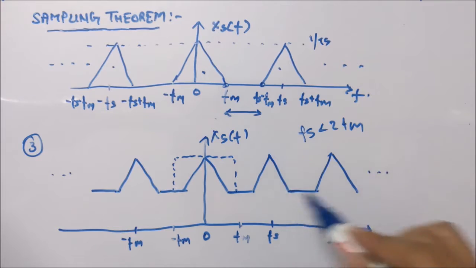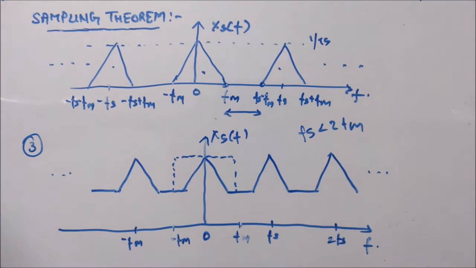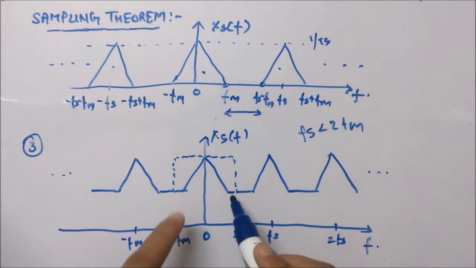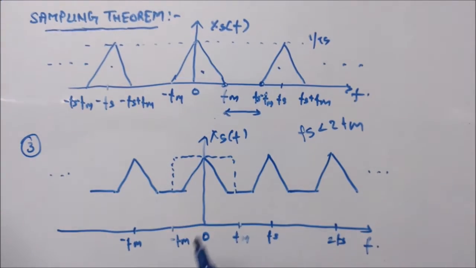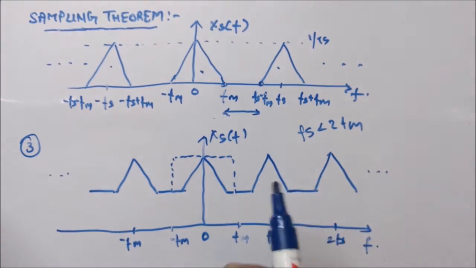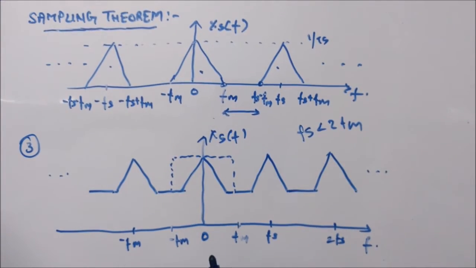If you apply your filter H(f) like this between minus fm and fm, you can see there is a lost part of the signal here, and you are not able to recover your original signal properly.